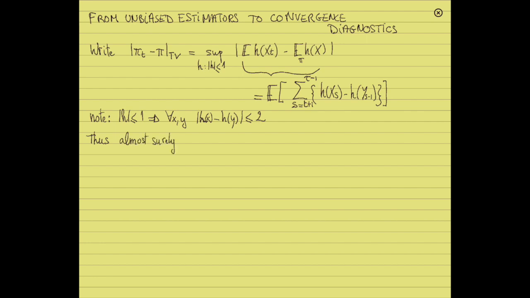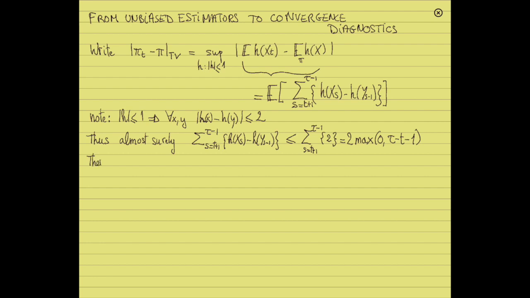So the sum of the differences between the functions from time s equal to t plus 1 to tau minus 1, that is less than if we summed the number 2 at every term, because the function evaluation differences are less than 2. And that simply is the number of terms in the sum times 2. The number of terms is the maximum between 0 and tau minus t minus 1.